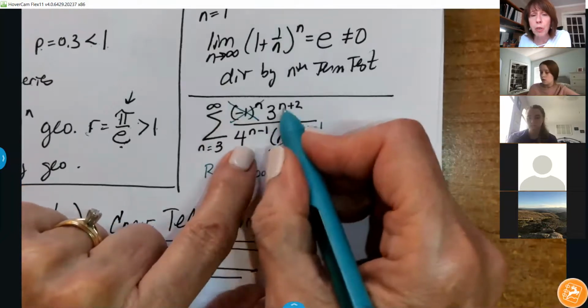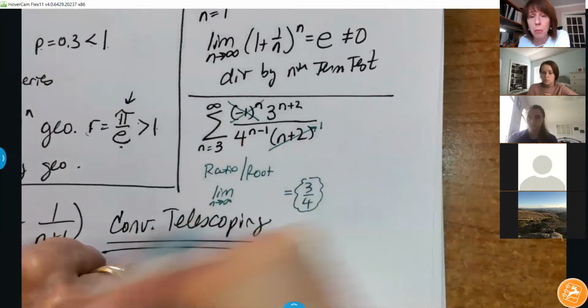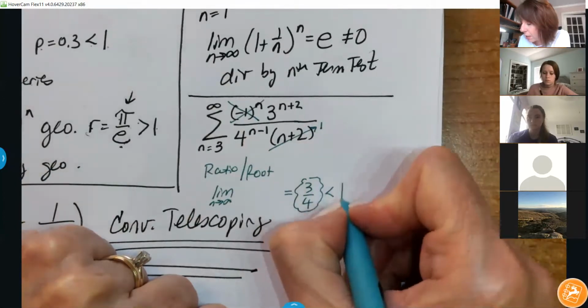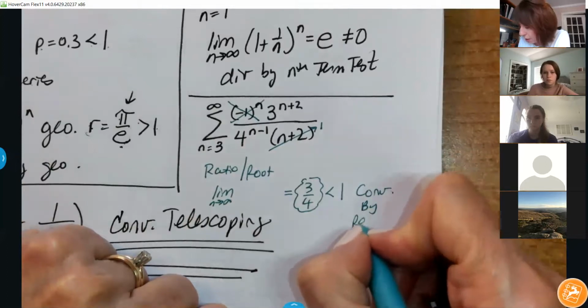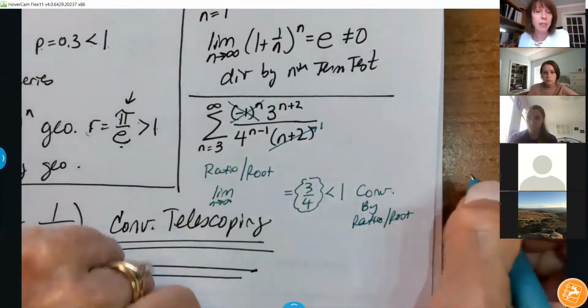And you're going to be left with this without the exponent. So I already know that this is going to be 3/4. That limit will end up being 3/4, which in this case is less than 1. So we're going to converge by ratio test or root test, whichever one we used.